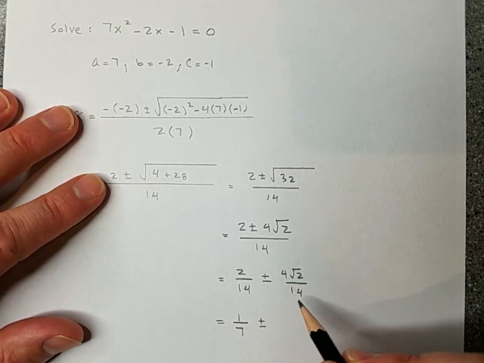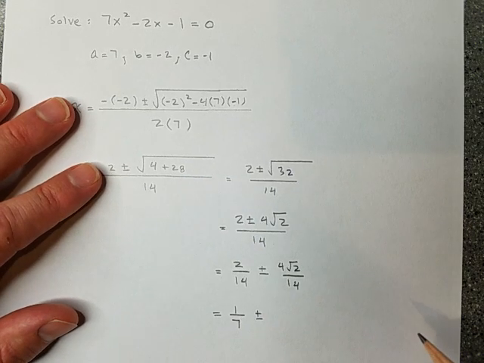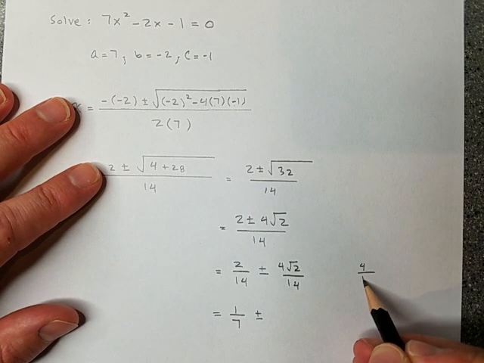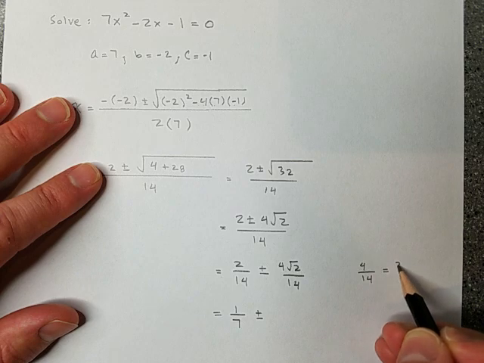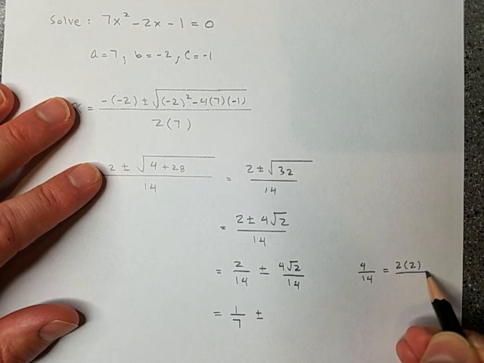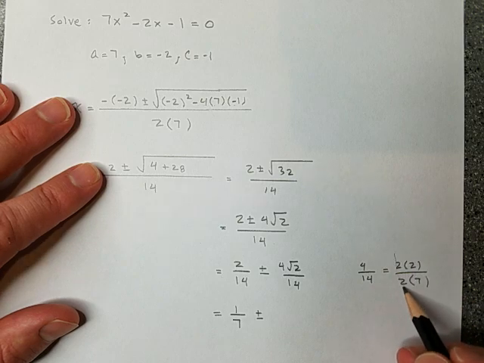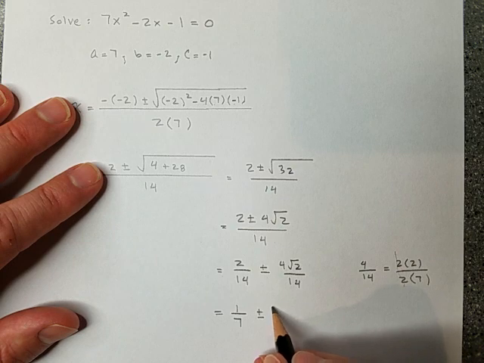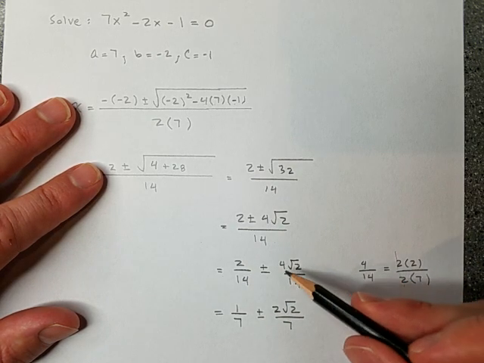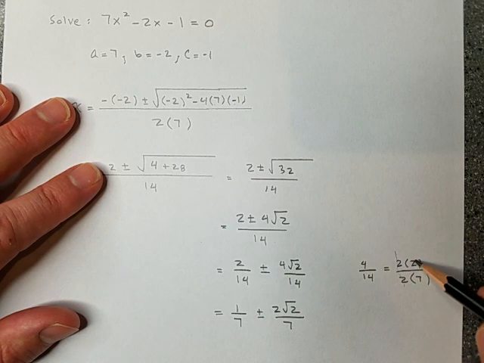What about 4 over 14? Let's see, 4 over 14. 4 is 2 times 2. 14 is 2 times 7, right? So 2 over 7. Okay, so 2 root 2 over 7. The 4 and the 14 cancel as a 2 over a 7.